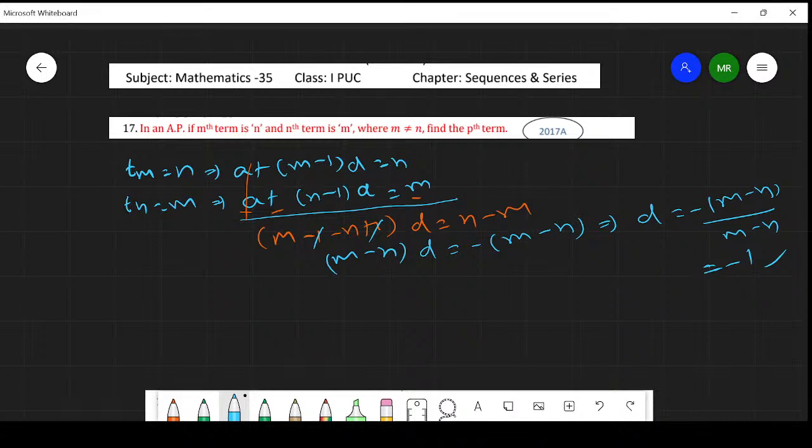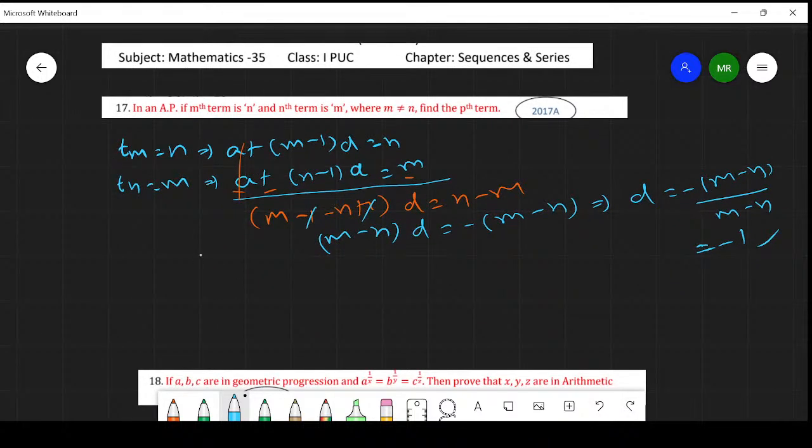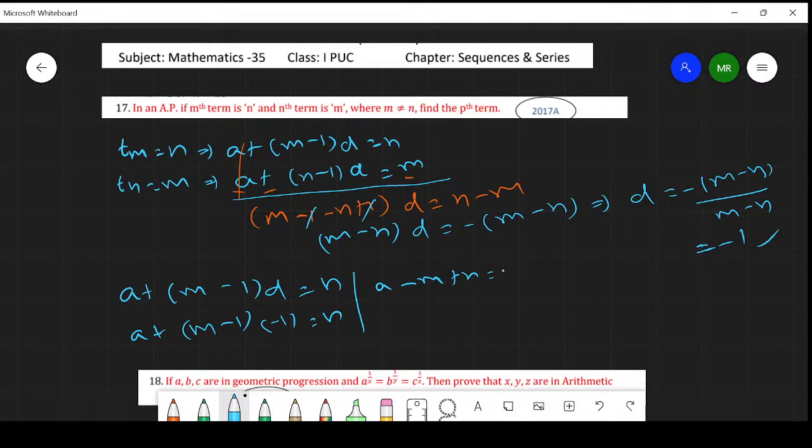Now I am going to find the first term. We know Tm is equal to n, that is a plus (m minus 1) into d is equal to n.